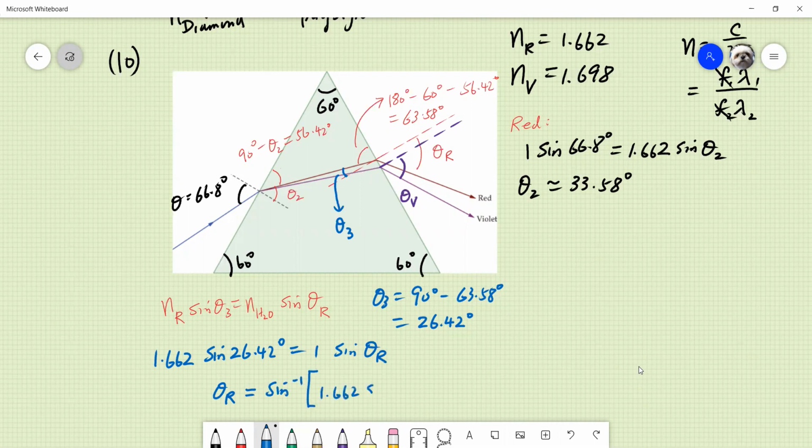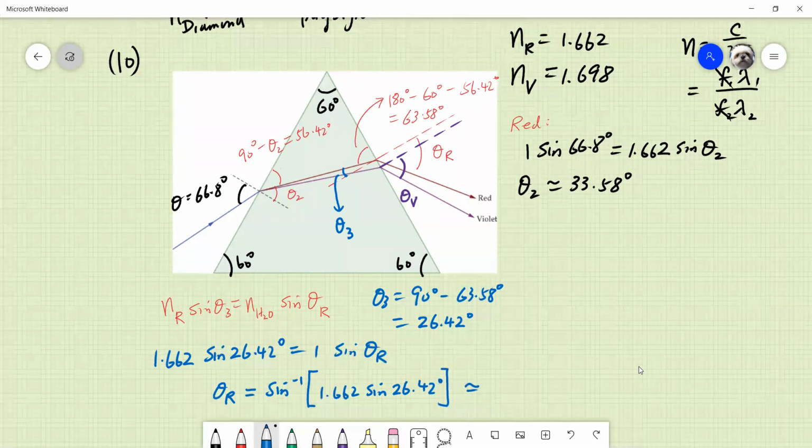You evaluate the argument inside the bracket first, so sin times 1.662, and then inverse sin. 47.7 degrees.